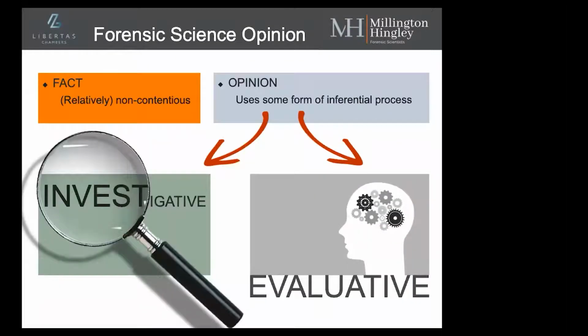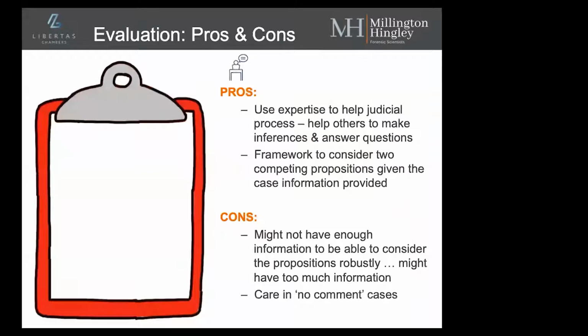Now, of course, when we provide opinion, that is forensic scientists, then we can provide various types of opinion. Investigative opinion, which is typically the stuff that happens before we get to court. So I'm going to focus on evaluative opinion. Evaluative opinion is when we weigh up the evidence on the back of two sides of the coin, the prosecution and the defense alternative.